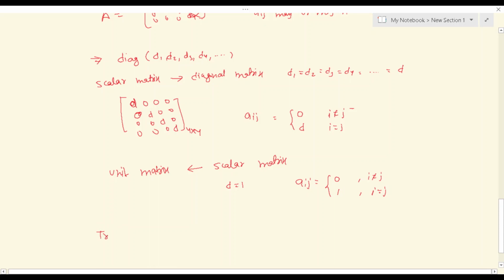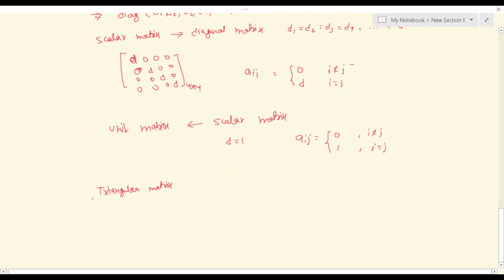Then we define the triangular matrix. We have two types of triangular matrices: the upper triangular matrix and, obviously, the lower triangular matrix. Let's see what they are. For the upper triangular matrix, the elements above or on the main diagonal are non-zero, and the rest of them are 0.